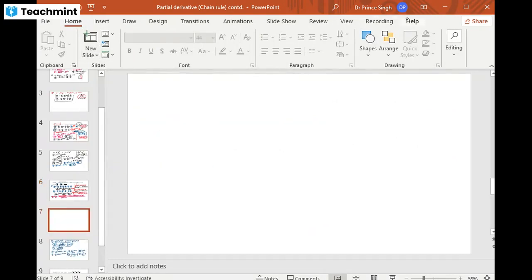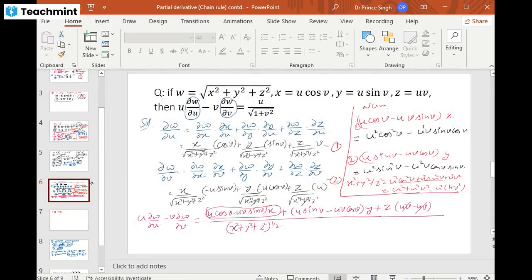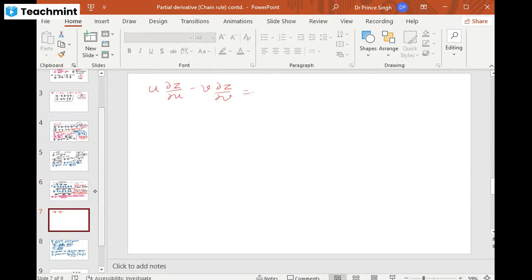If I take the square root, what do we get? u ∂z/∂u minus v ∂z/∂v. This is equal to u square cos square v plus u square sin square v.